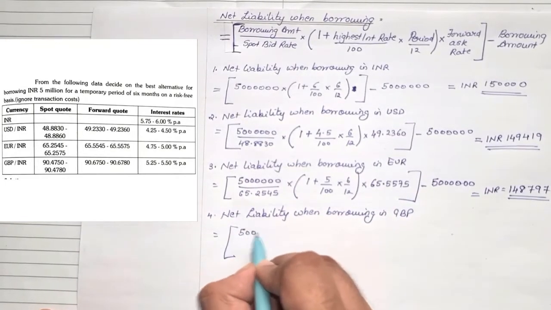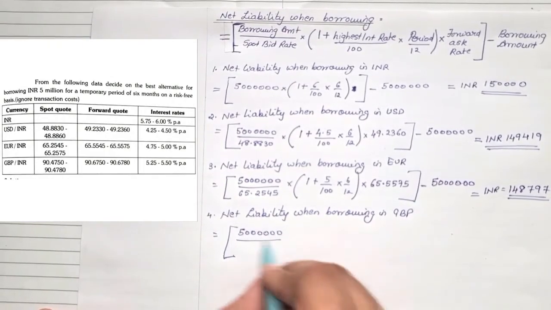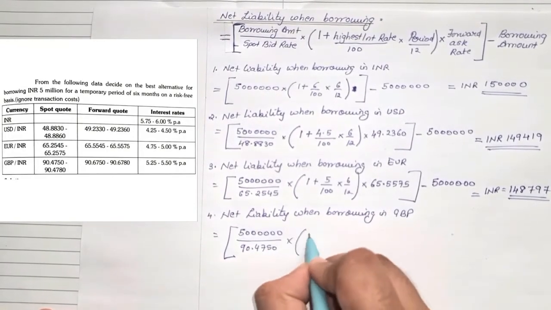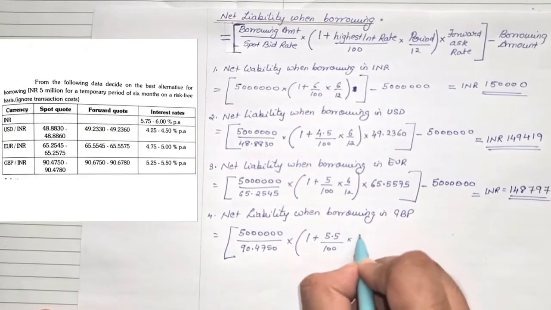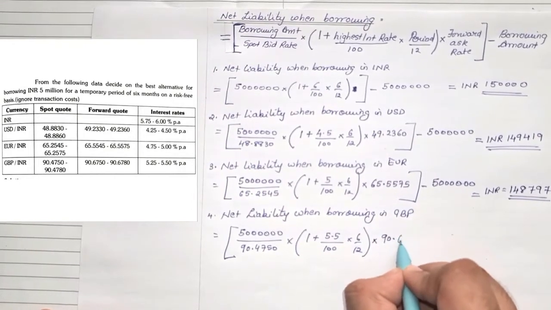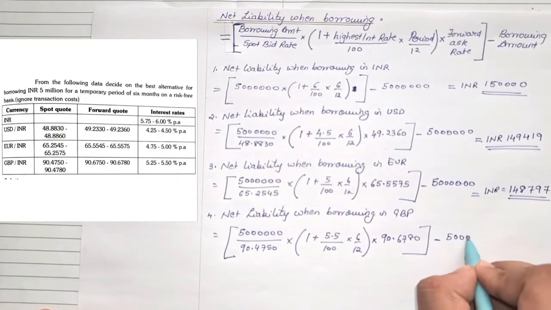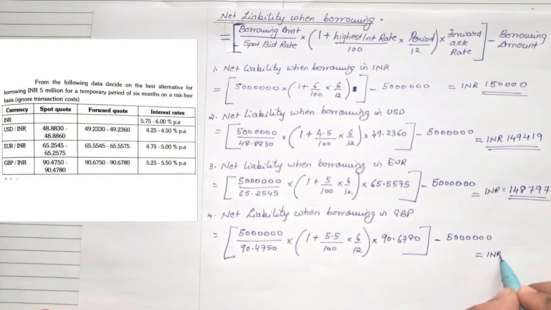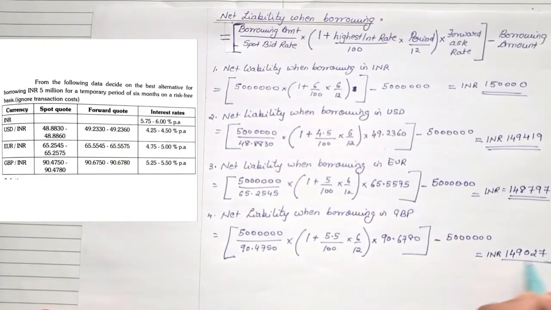Formula similar: we have 50 lakhs upon the spot rate, which was 90.4750, into 1 plus the highest rate, which is 5.5 upon 100, into 6 divided by 12, into the forward, that is 90.6780, the whole thing minus 50 lakhs. When you solve, you should get your final answer as INR 1,49,027.